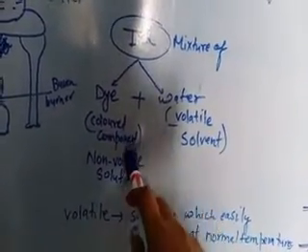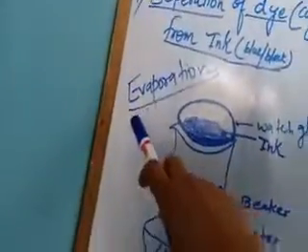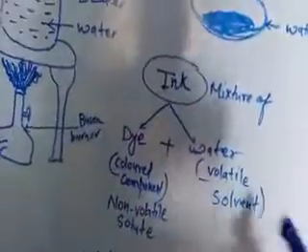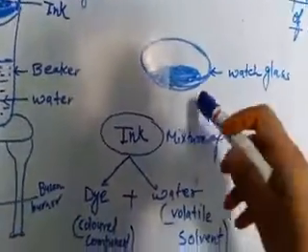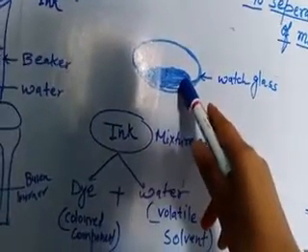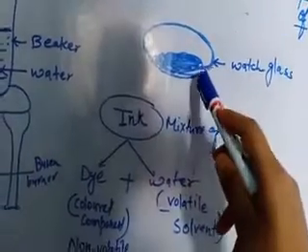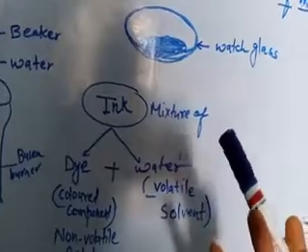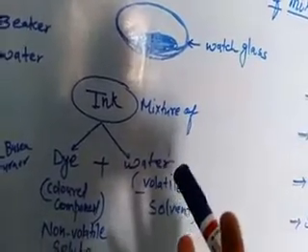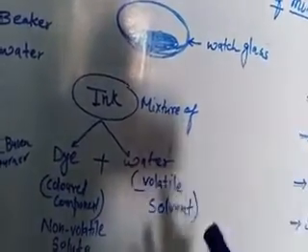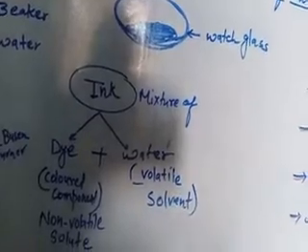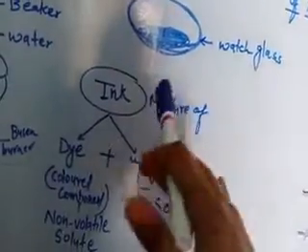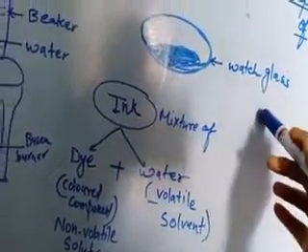Hence we can separate it easily by the process of evaporation. For that, we first take some ink droplets in a watch glass. A watch glass is a small bowl or plate-like container made up of glass, and we take any chemical or substance in it to watch it. That is why it is called a watch glass.